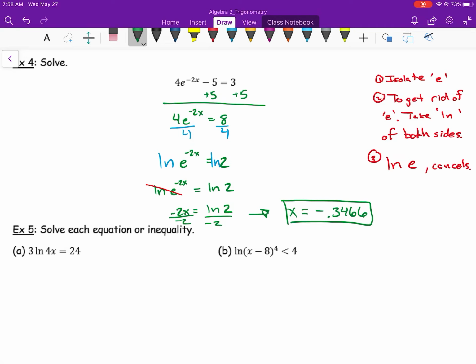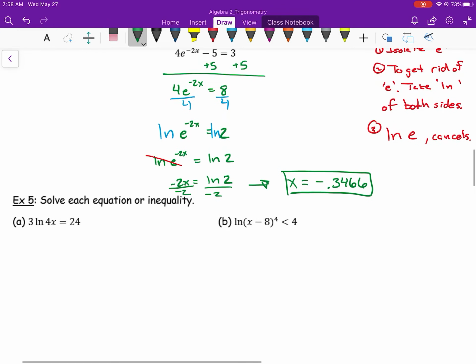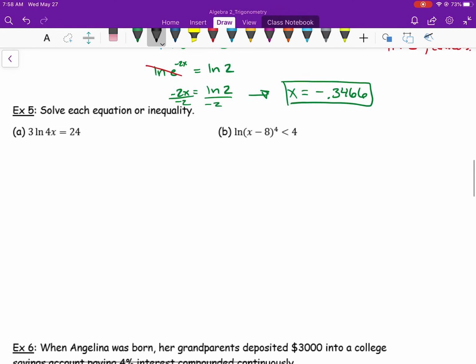So the big thing is to get rid of the e, you take the natural log of both sides. That's like when we did in the previous lesson, you take the common log of both sides. Alright, example 5, part A. We're going to solve 3 natural log of 4x equals 24.